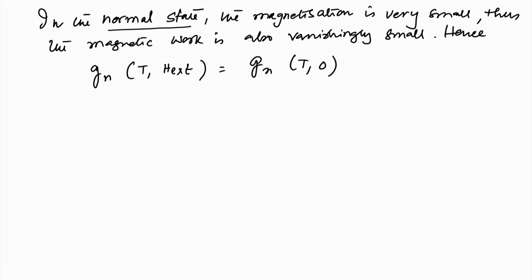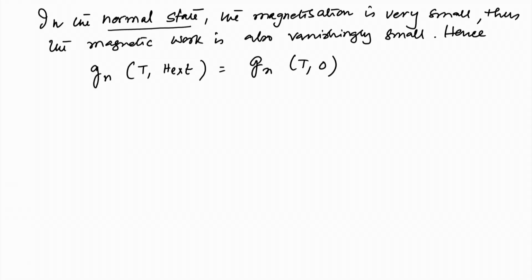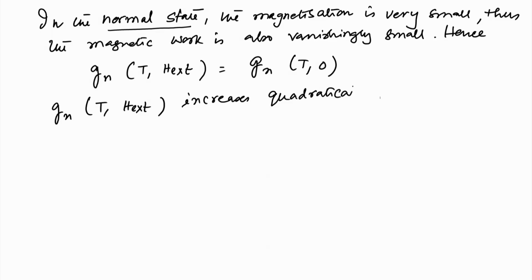So, now, equation 1 tells you that there is a B dependence for g_s, whereas there is no B or H dependence for g_n. So, g_s(T, H external) increases quadratically with H external.